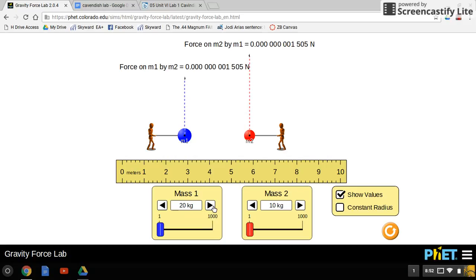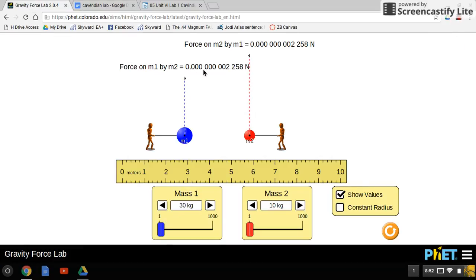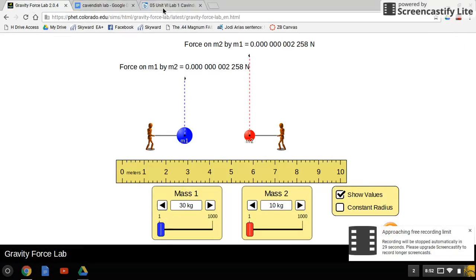All right, now let's go and do that. So back over to the lab and go up to 30. And we can see here the value is 2258. So this would be 2.258. So 2.258 times 10 to the negative, let's go back and see what that was, 369.